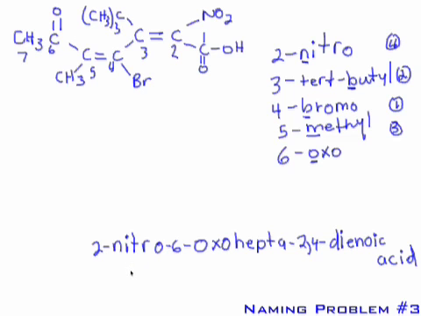After the 2-nitro, we're proceeding out. Number 3 is 5-methyl. Okay, so in front of the 5-methyl is the 3-tert-butyl.